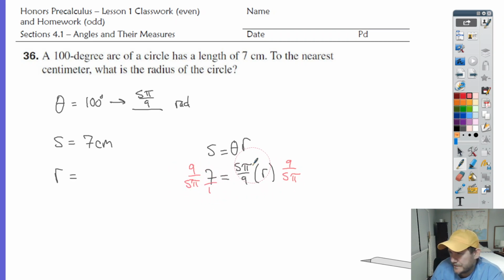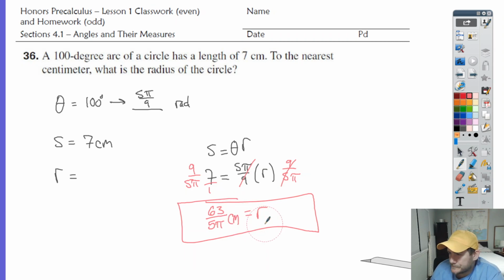That goes over 1. These cancel out. You get a radius of 63 over 5 pi. And that's going to be centimeters. So that's that. You would leave your answer like this.